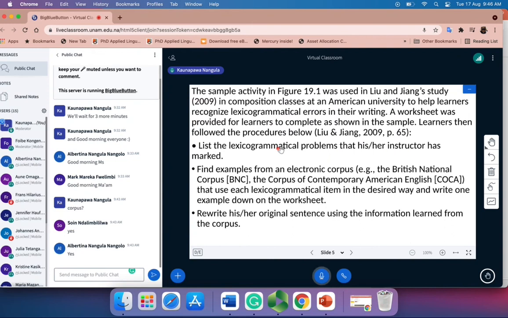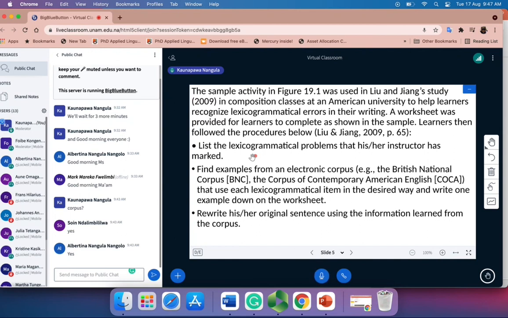And then the worksheet was provided for the learners to complete as shown in the sample, and learners then follow the procedures. So list the lexical grammatical problems that his or her instructor has marked. So which means that the learners have written their essays, and then the instructor, the teacher, the lecturer, then underlined some of the lexical grammatical problems that the learner has.